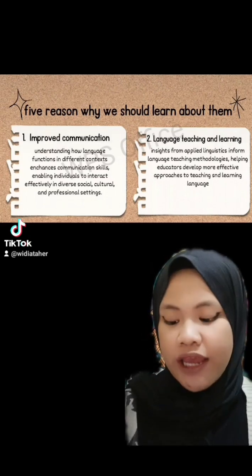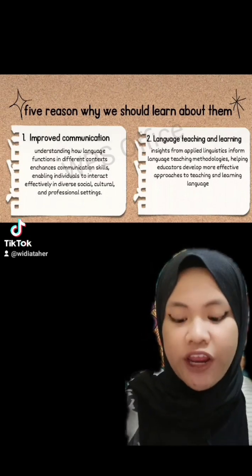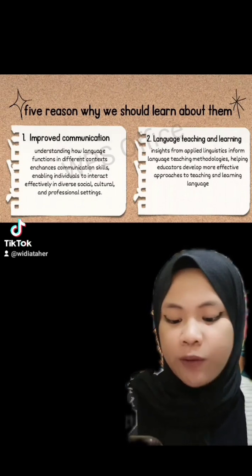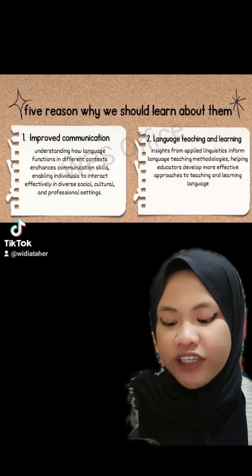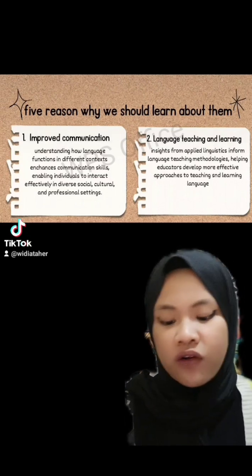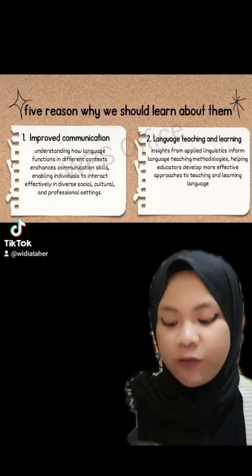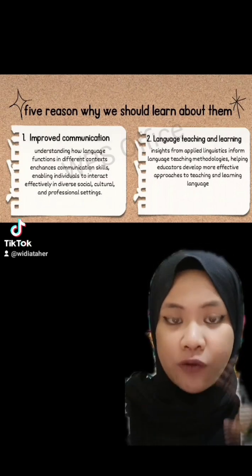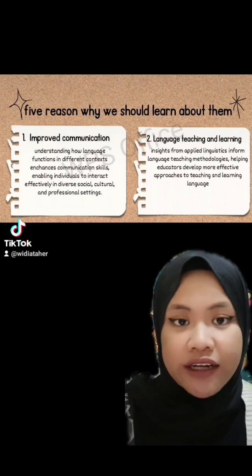It means understanding language function in various contexts enhances communication skill, enabling effective interaction in diverse social, cultural, and professional situations.